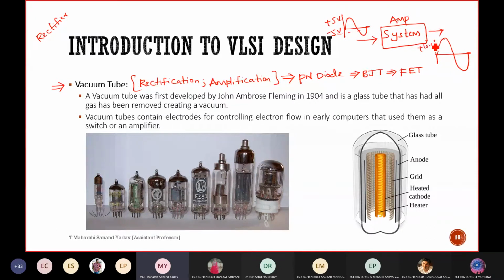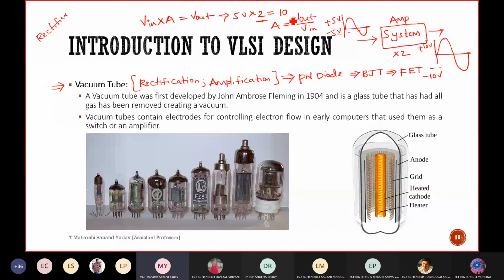Let us say this is plus 10 volt and minus 10 volt. Then what is the amplification factor here? It is amplified 2 times. So this 2 is called the gain. Input is multiplied with the gain A to give output. Here the input is 5 volt and the gain factor is 2, because of which I'm getting an output of 10. So we call gain A as output by input.